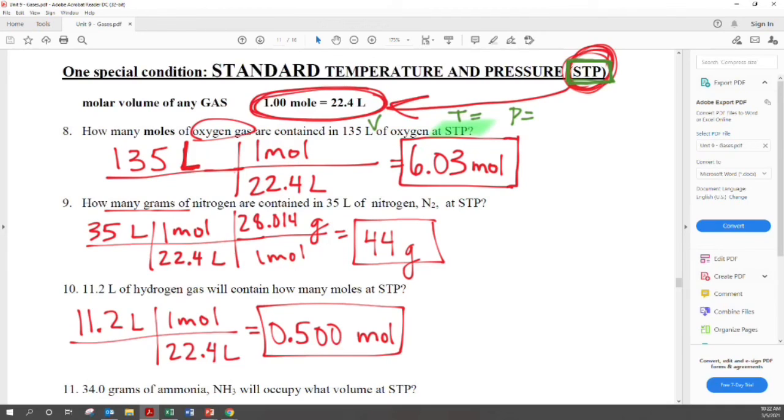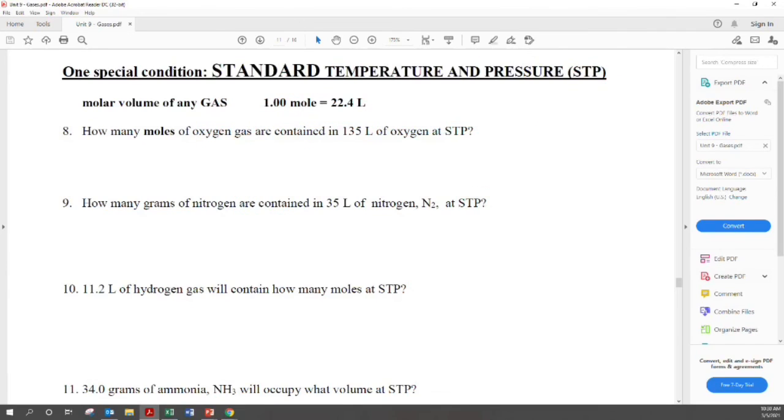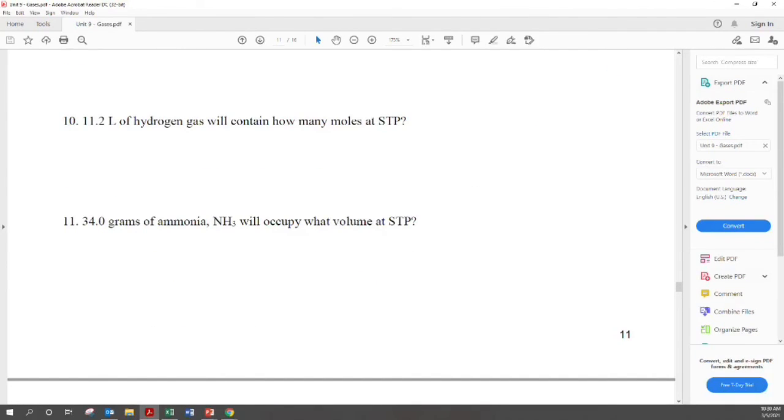Now, let's look at the last question because once again, it has grams in it. And so it's going to be one of the ones that's definitely going to benefit from this shortcut, from this process. This one, though, starts you off with grams of ammonia.